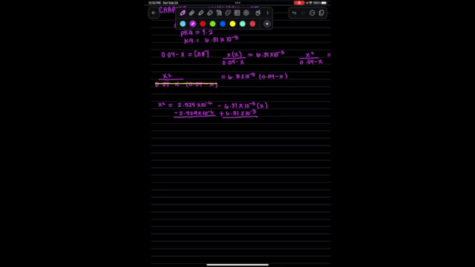So that will give us an equation of x squared plus 6.31 times 10 to the minus 5 times x, forgot my x, so sorry, there we go, minus 2.524 times 10 to the minus 6.